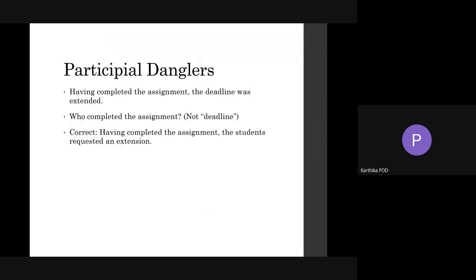So this is something that we discussed, right? So when you have the participle, and the sentence starts with the participle, you have to make sure that it is in alignment. First of all, make sure that there is a subject that shows up, right?